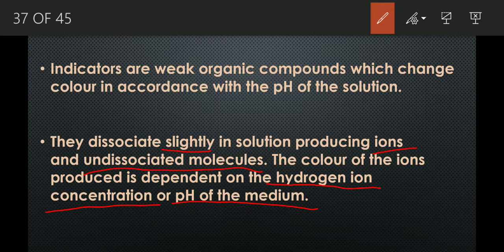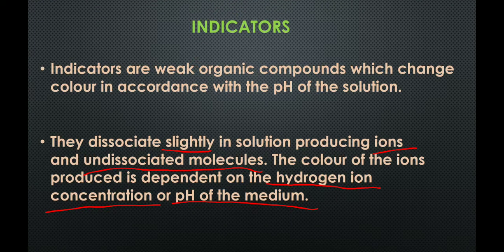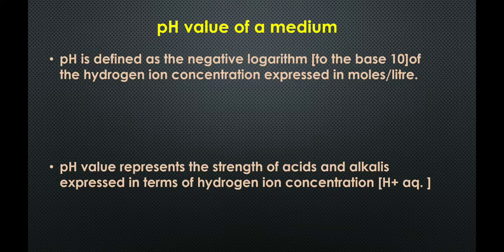So the color which the indicator produces in the form of ions depends totally on the pH of the solution or on its hydrogen ion concentration. Clear?